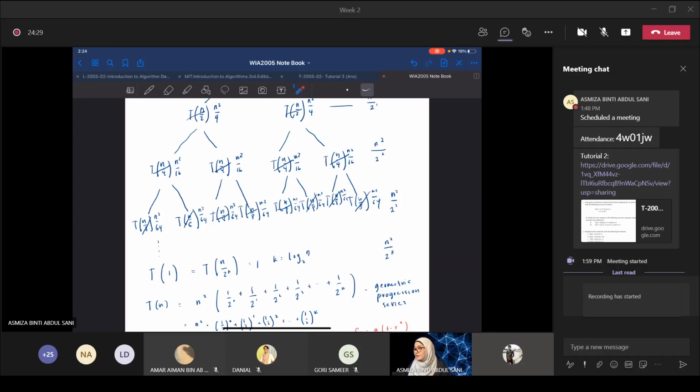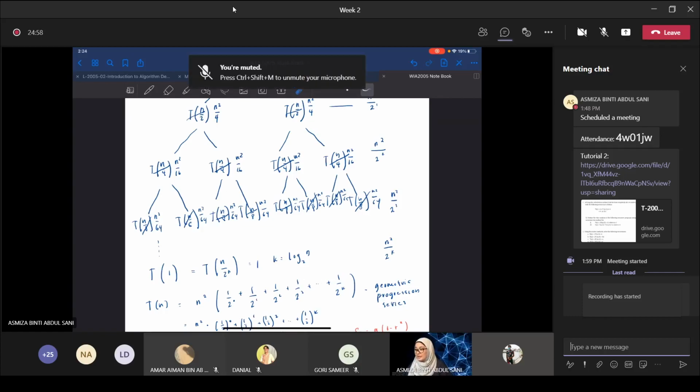For the two of you that gave me this answer, the height is actually not n squared over 2^k. For the height of this one, it's log n, sorry, log n base 2. Is that alright?